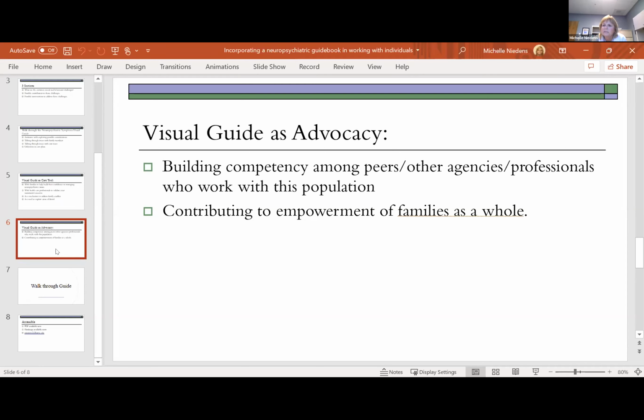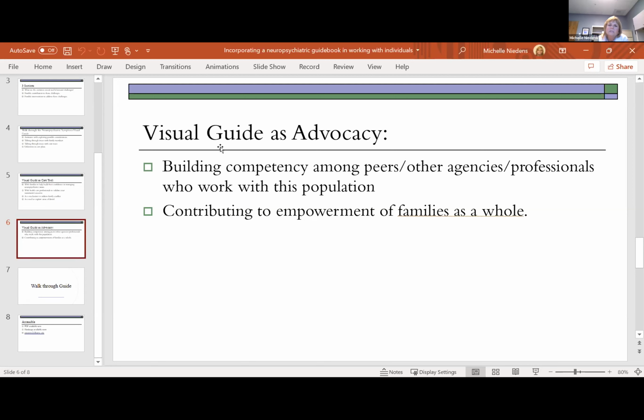It takes all of us to reach and respond to these families. And then contributing to empowerment of families as a whole, because even if the guidebook does not have the answers, which for many situations it won't, perhaps it triggers the right questions for them to ask healthcare providers or whatever.